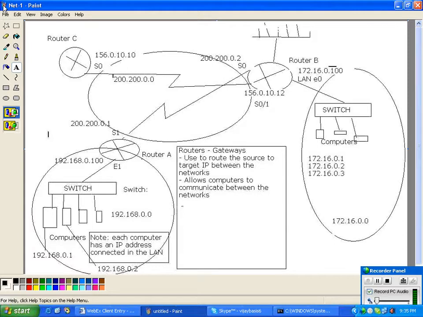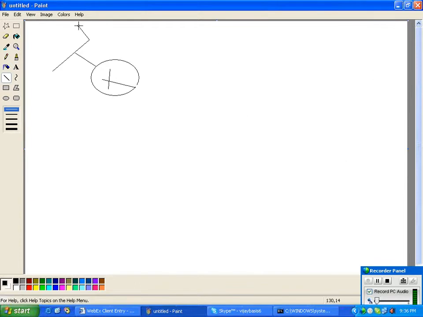Okay. This is my router. And this router has a connection, goes to the network, connected to switch and switch to the network.